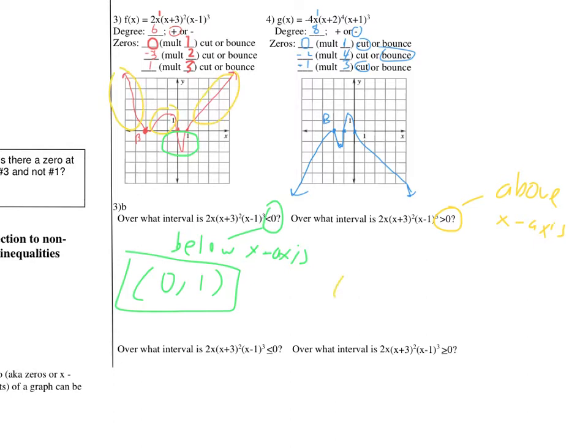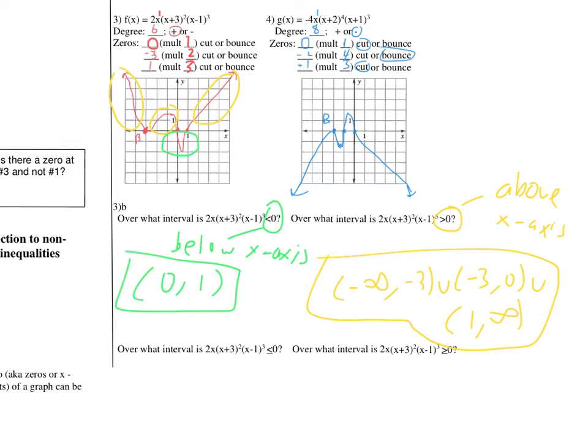And so that's going to be from negative infinity to negative 3, from negative 3 to 0, and then from 1 to infinity. So you can see I did have to skip over that negative 3 because at negative 3 it's technically not above the x-axis, it's at the x-axis. And so I had to skip over that. So just all those sections that are above it, and we're describing that with the x values.